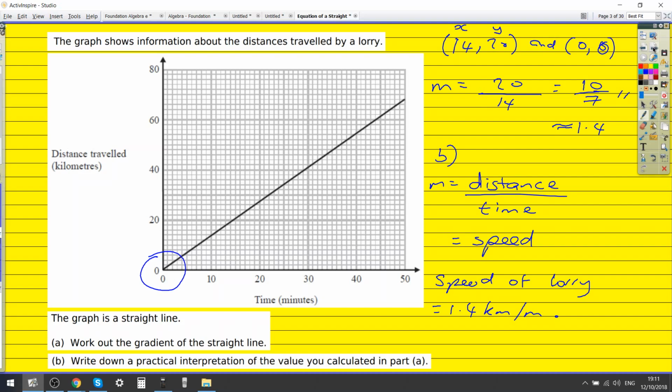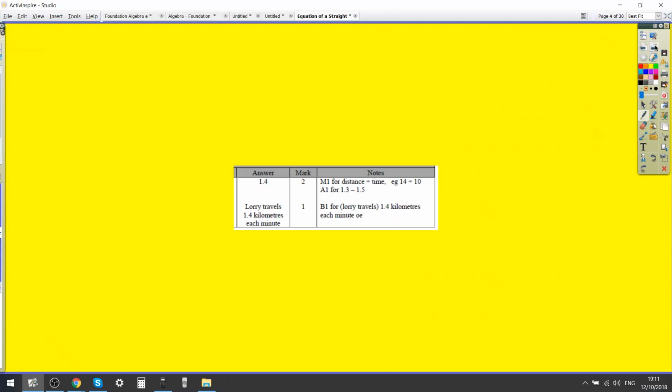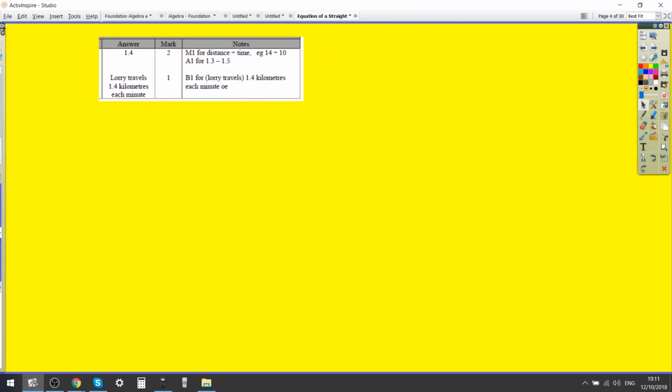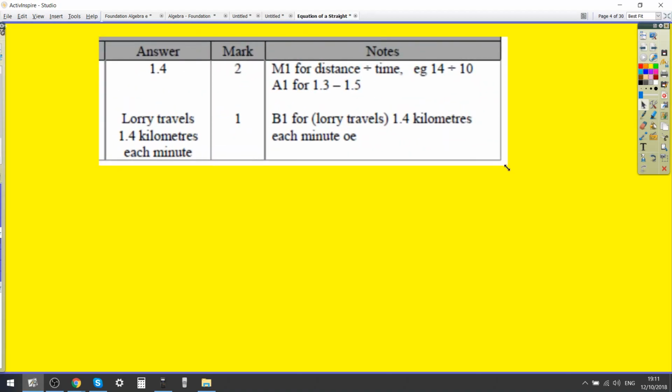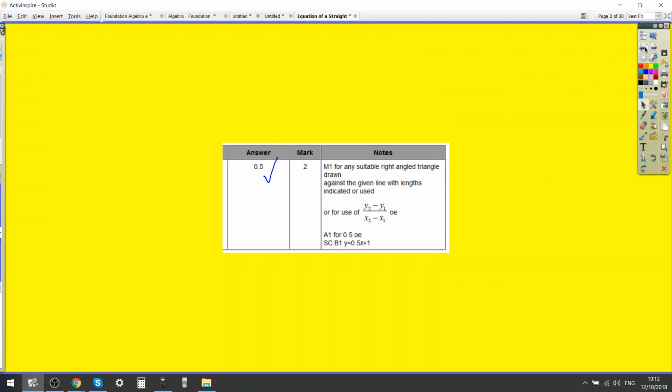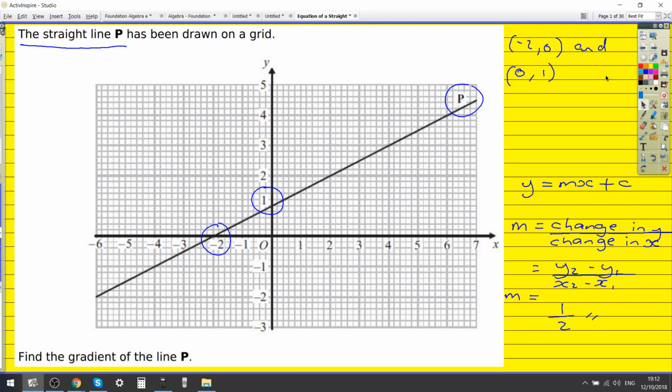Any questions there? No. Okay, I just want to see what they said. It's quite a common thing where they have this kind of distance divided by time. So each minute it goes 1.4 kilometers. Okay, so they didn't even bother with speed. That's basically what speed means, 1.4 kilometers per minute.